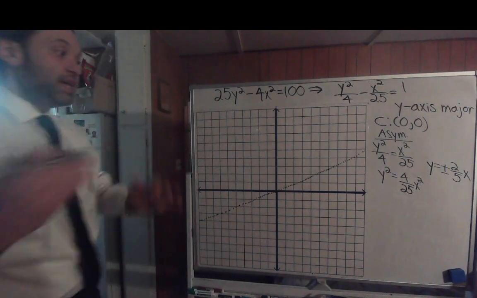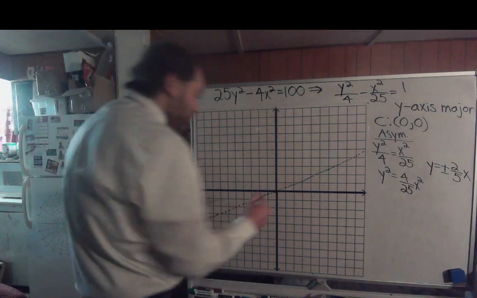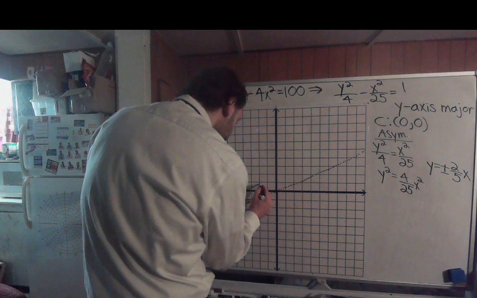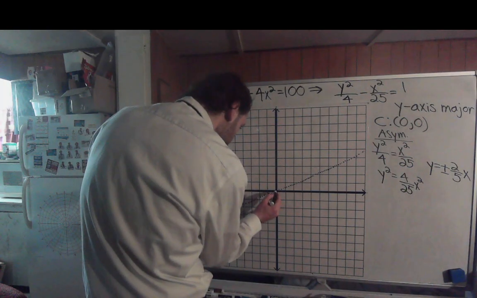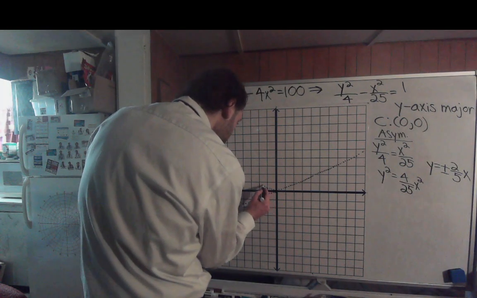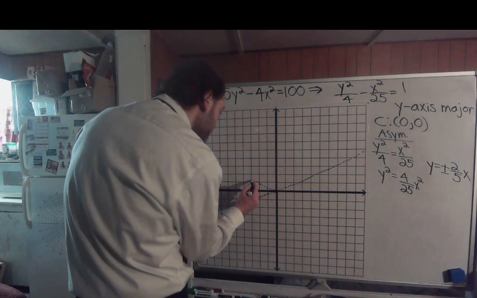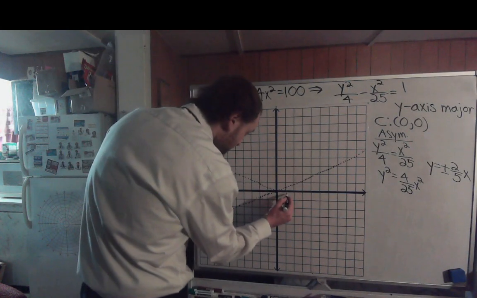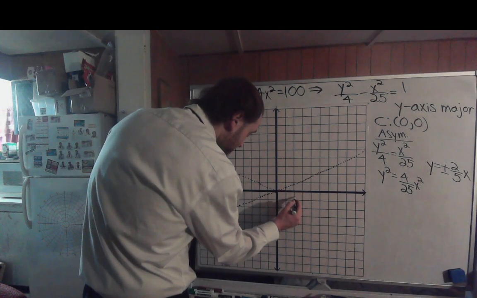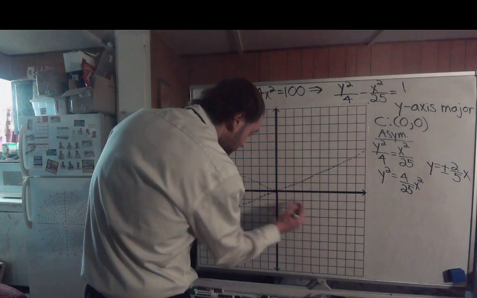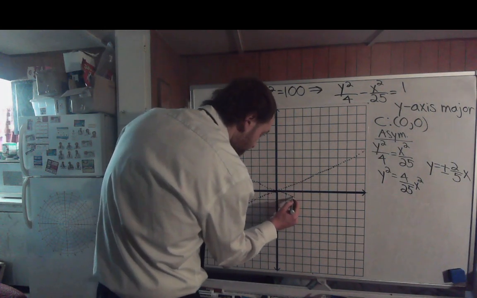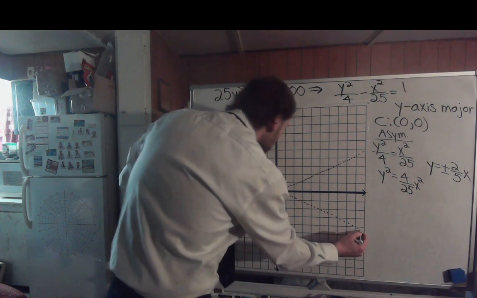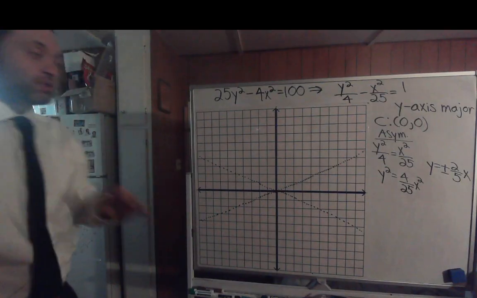Now let's do the negative 2/5 x. So let's plot all those points. It can be a bit of plotting points here, but that's okay. So there's your asymptotes plotted.